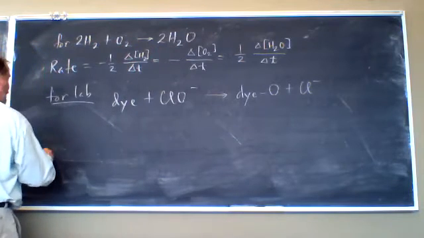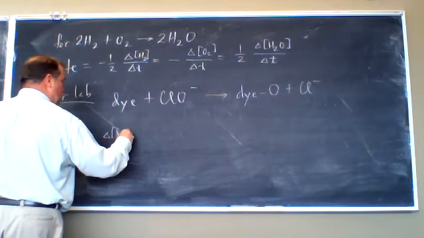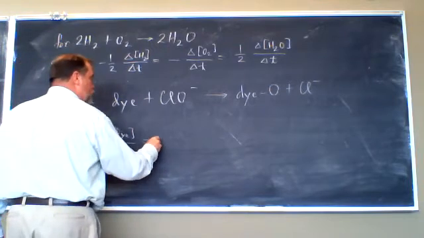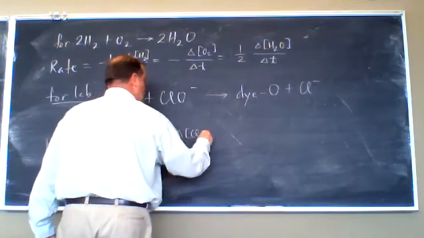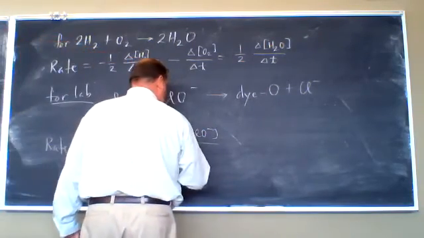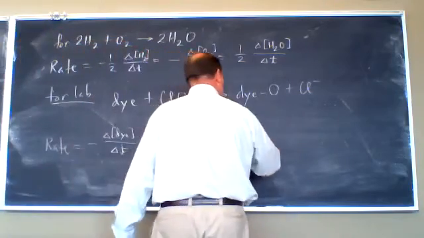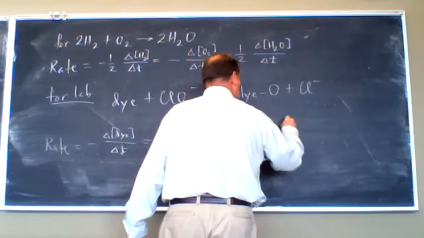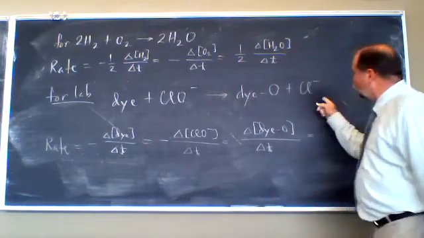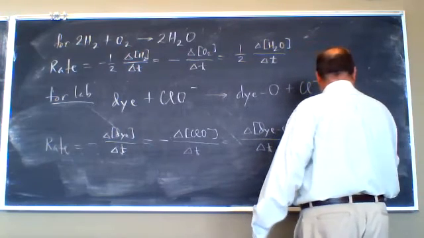And so we have rate is equal to negative change in the concentration of dye with time, is equal to negative change in the concentration of bleach, hypochlorite anion, with time, or positive change in the concentration of DiO with time, and then finally positive change in the concentration of chloride anion with time.